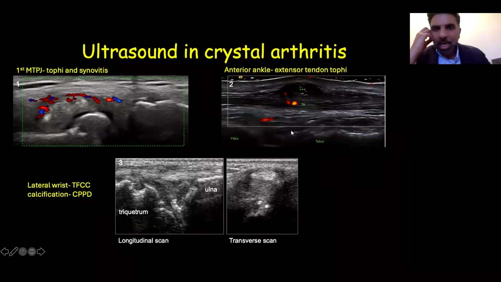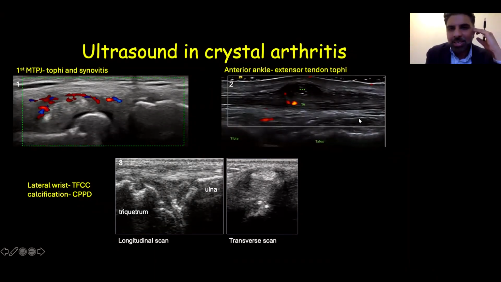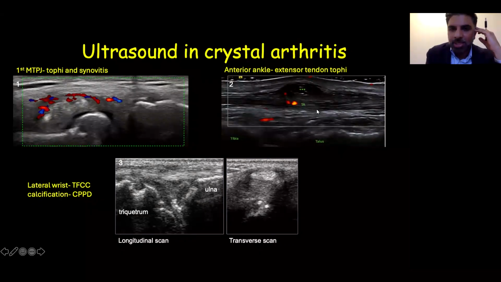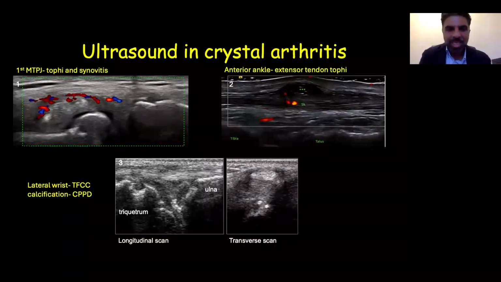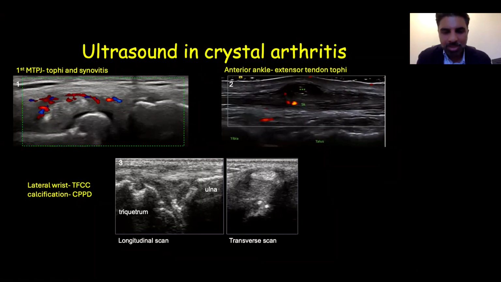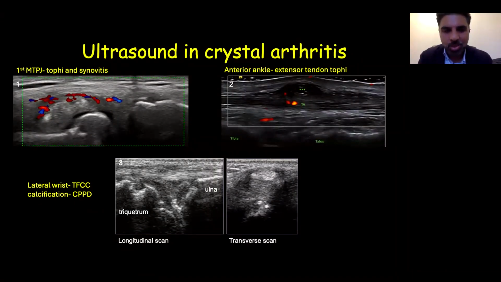On number two, this is an ultrasound image of the extensor tendon, the tibialis anterior tendon, which does show evidence of extensor tendon tophi as well. So when you do get gout, it can deposit in lots of different places. You can get it mainly in the joints, but you can get it in the tendons as well.